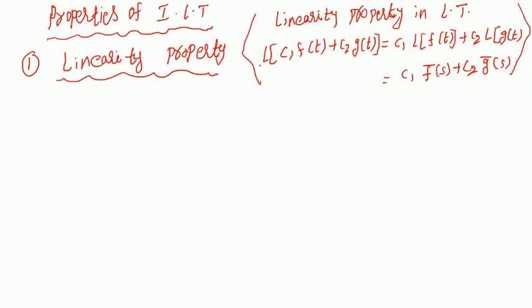Now just bring L from left to right, or you can operate L inverse. Then what happened? L inverse of C1 into f bar of s plus C2 into g bar of s is equal to C1 into f of t plus C2 into g of t. See that? What is the linearity property from this?